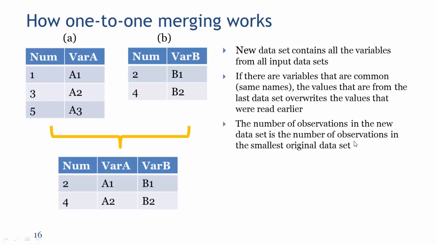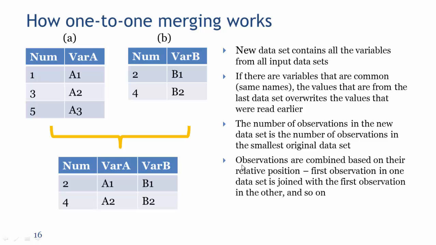Also, the number of observations in the new dataset is the number of observations in the smallest original dataset. In the new dataset, we have 2 observations, which is equal to the number of observations in the smallest original dataset, which is the dataset B. Observations are combined based on their relative position.